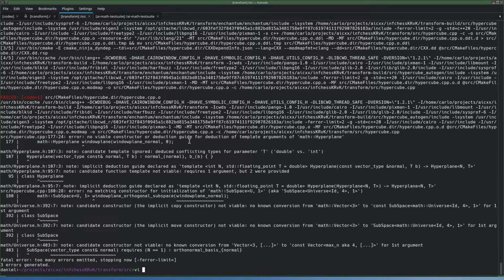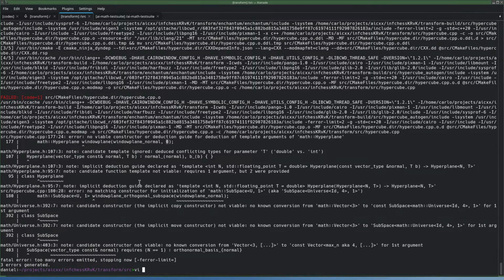Constructor or deduction guide for deduction of template arguments of a math hyperplane. I had a whole story about how it would automatically deduce that, and no, it doesn't. Okay, it refuses to automatically convert my int to a double.